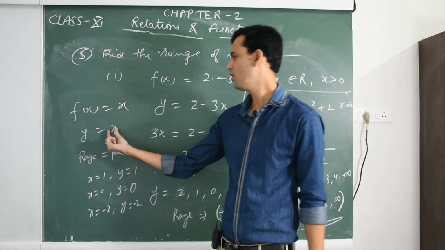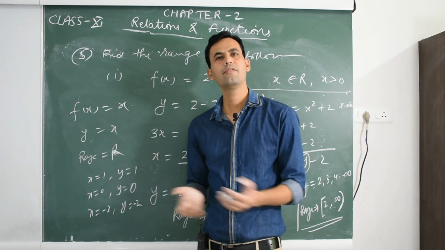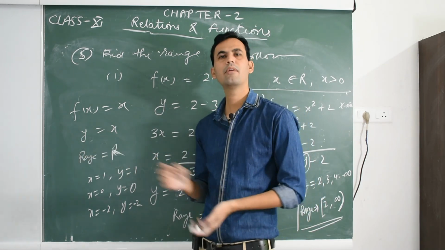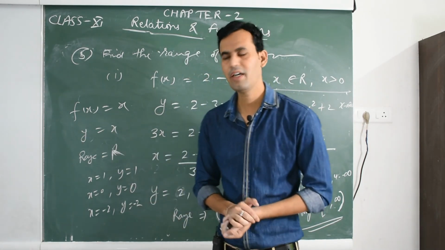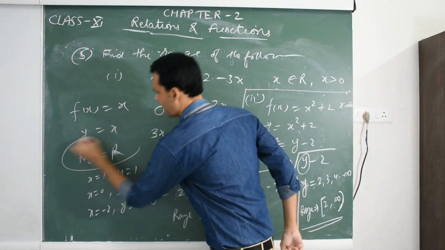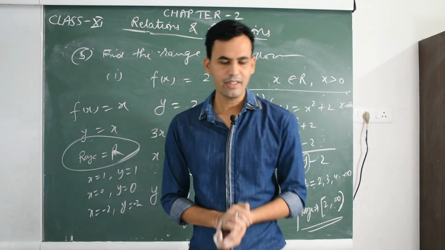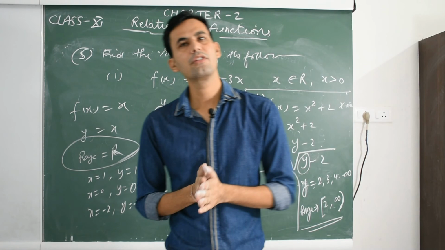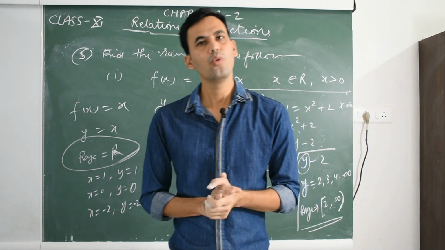So if we put any real number as x, then we get any real number as the value of y. So the range is any real number. So this is all about exercise 2.3 and chapter 2 is almost completed, and thank you very much.